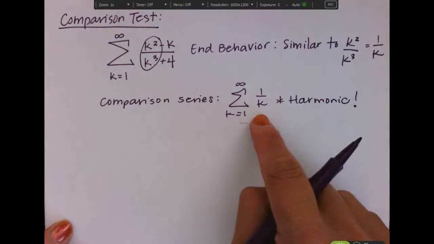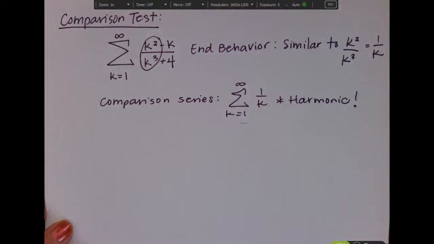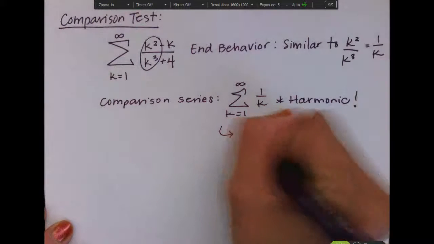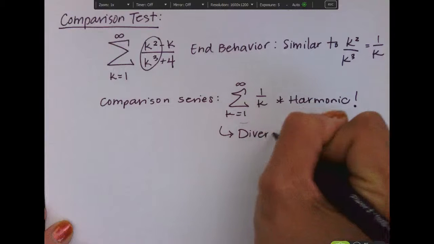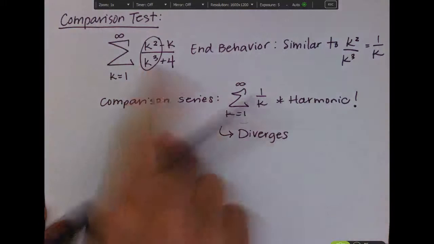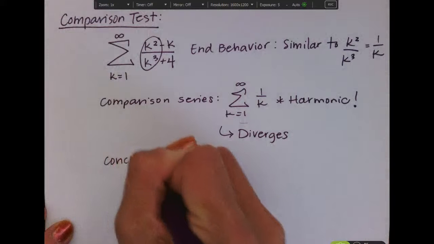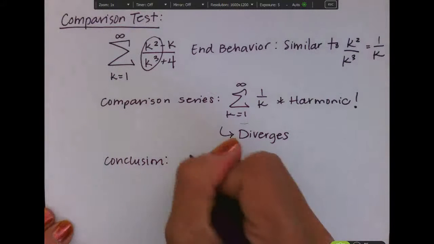And so if it's one of those special series, we can often find out quickly whether it does converge or diverge. And the harmonic series, we know, diverges, and the comparison series then will also converge. I'm sorry, I meant to say diverge.